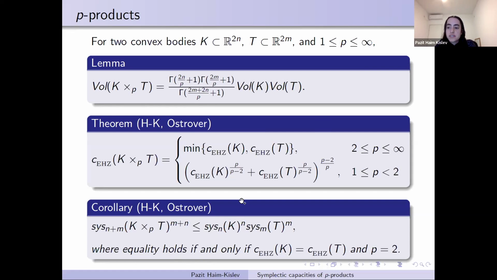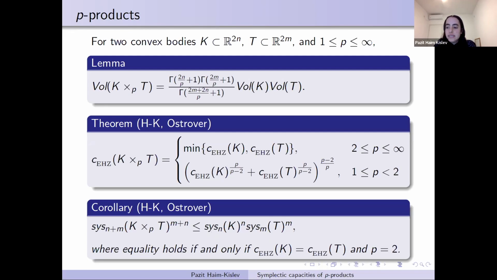Okay, and in fact, this shows what we wish to show: that if we know the Viterbo conjecture up to a constant going to 1, then we know it in every dimension, because we can take K times 2 K times 2 K as many times as we need, and we get that this is smaller than almost 1, and so it is equal to the systolic ratio of K, and so it also holds for K. So this is, in fact, finishing up the proof.